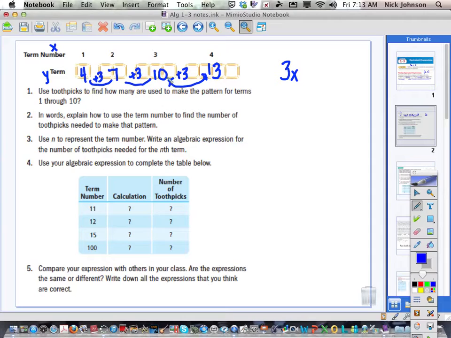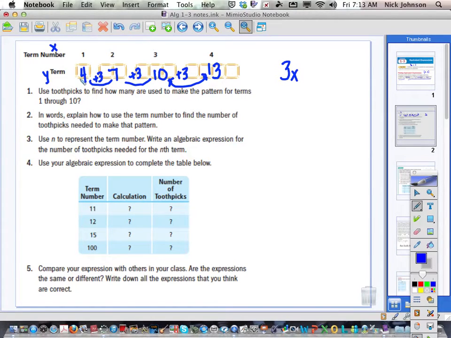Okay? Now, if I put 1 in here for this expression, 3 times 1 gives me 3, correct? But I have 4 toothpicks. So, how many more toothpicks do I need if I put 1 in this expression to give me out 4?